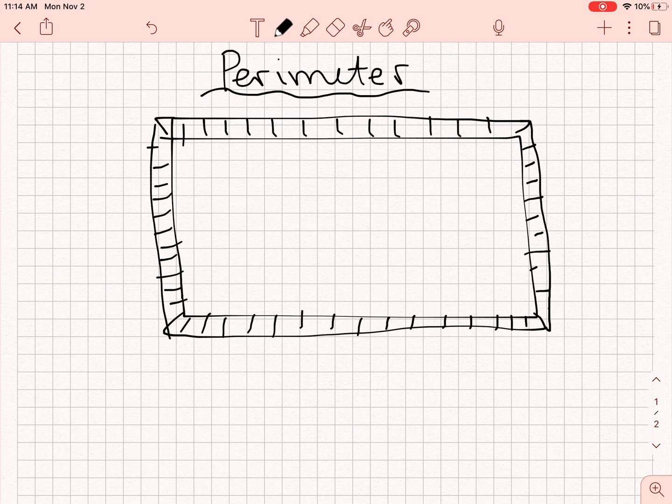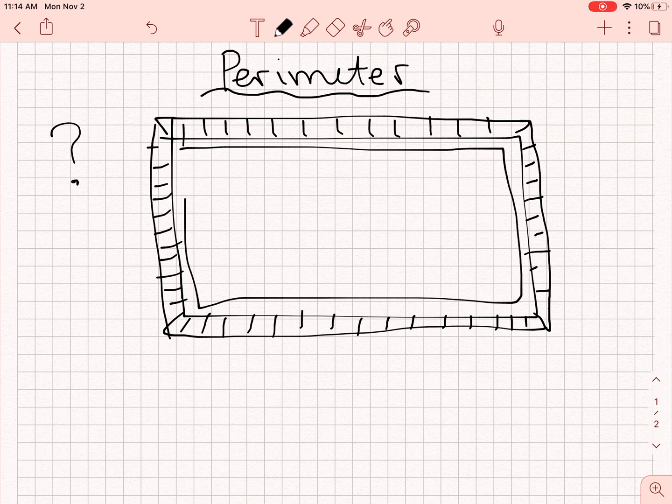The question is, how much fence do we need? Now, the perimeter tells us how far around a shape is.